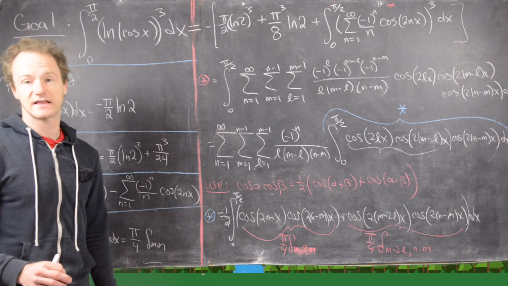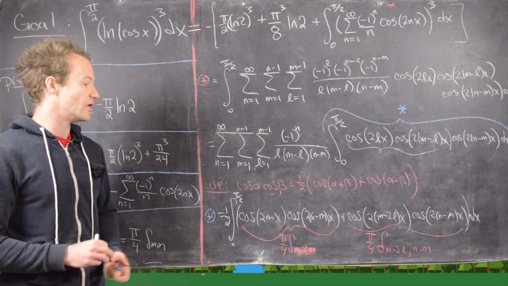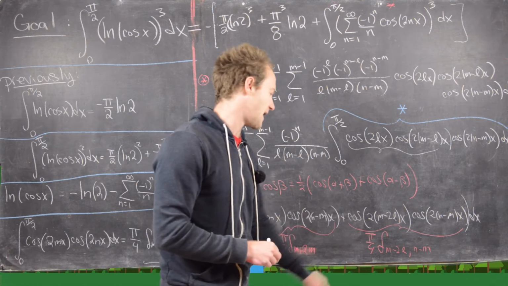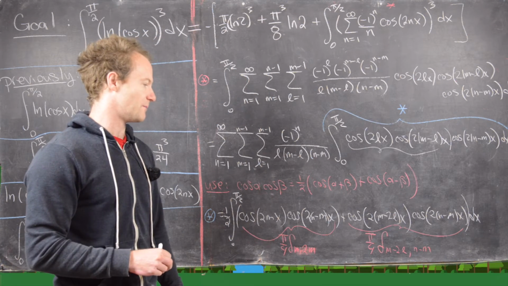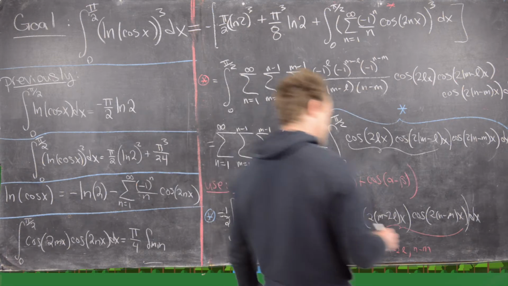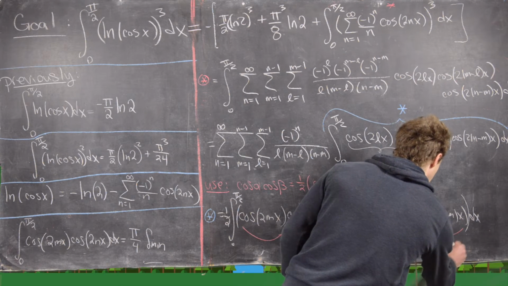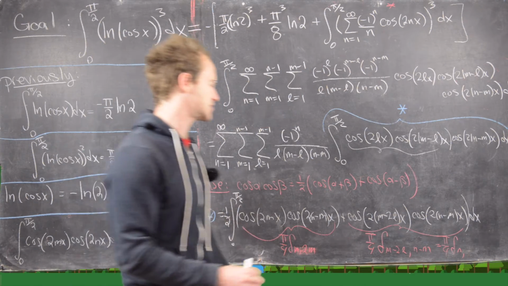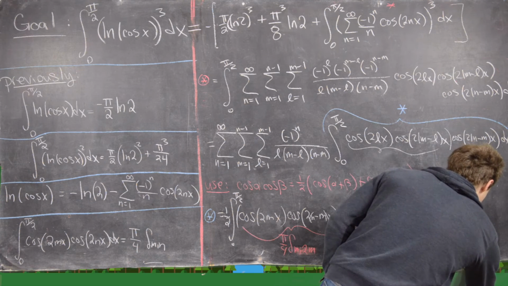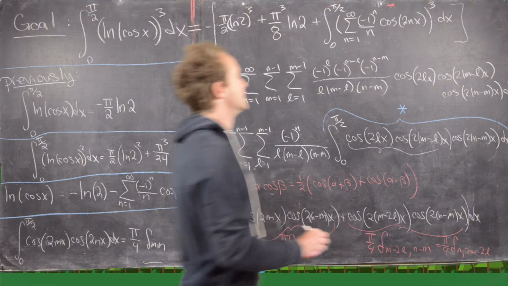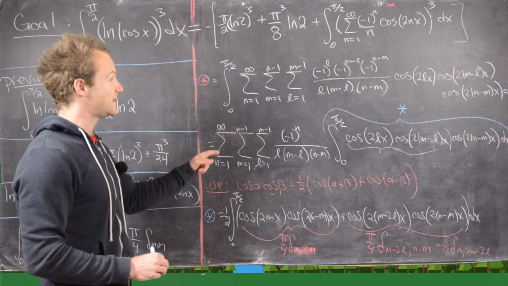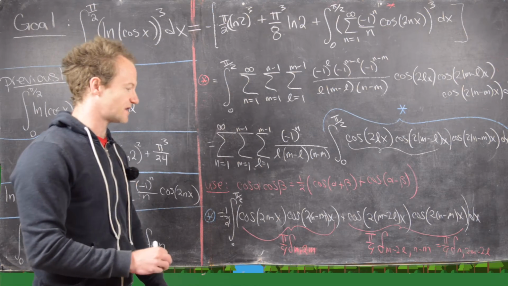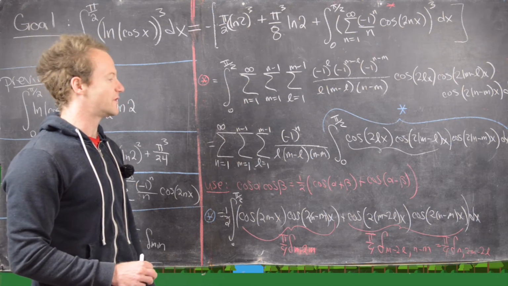But notice that this is exactly the same thing as n minus m equals m minus 2l, which is the same as pi over 4 delta n comma, let's see, n is going to need to be 2m minus 2l. So 2m minus 2l. So we get something like that. So what that means is that we can go up here and simplify this sum using both of those things that we've just calculated.